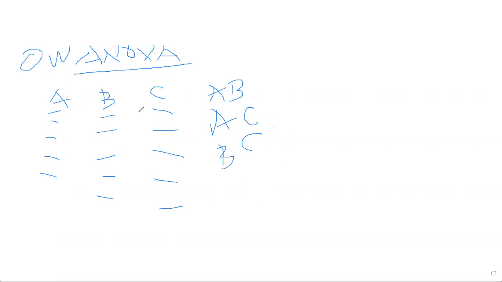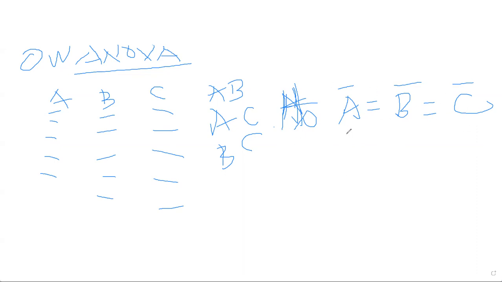So the null hypothesis, H naught, is that the mean of A is equal to the mean of B and the mean of C. Anything that's different from this should be the alternative hypothesis. There's your hypothesis.